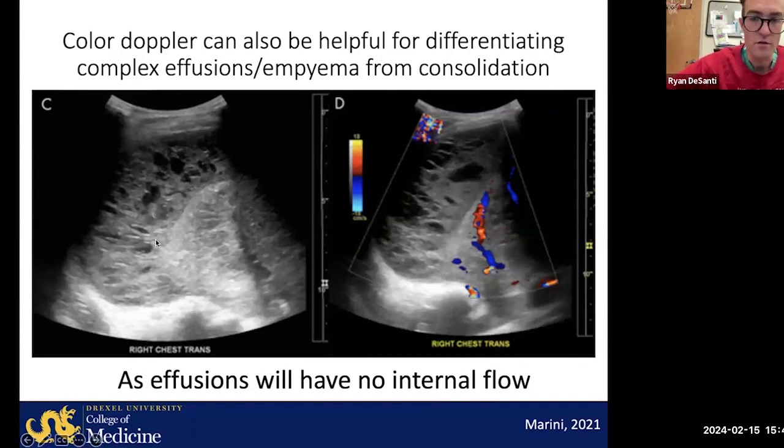If you put color Doppler onto an effusion or empyema, it should not have blood flow within it, whereas the pulmonary parenchyma will. So this is one case, even independent of patient's respiratory rate, where it might be helpful to use color Doppler to differentiate complex effusion from consolidation in pediatrics, though this has not yet been described very well in the pediatric literature.